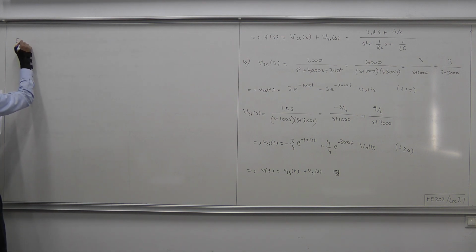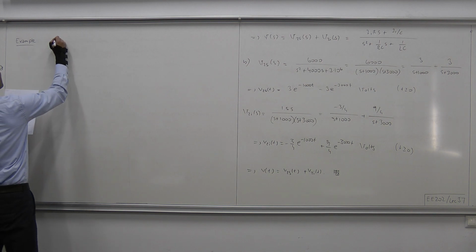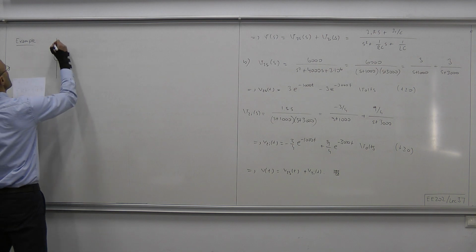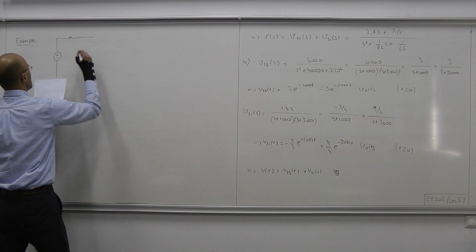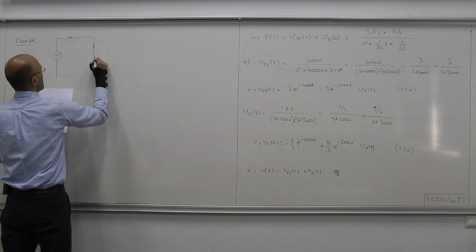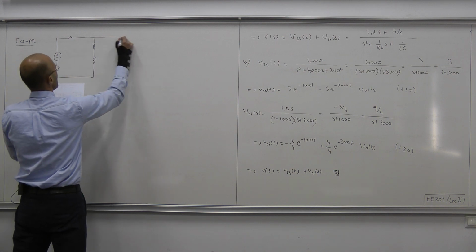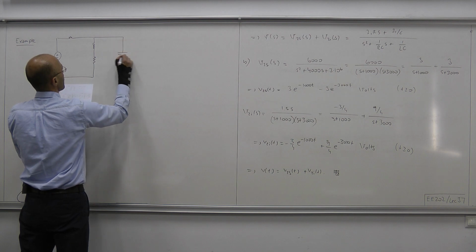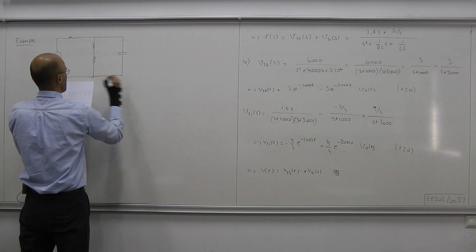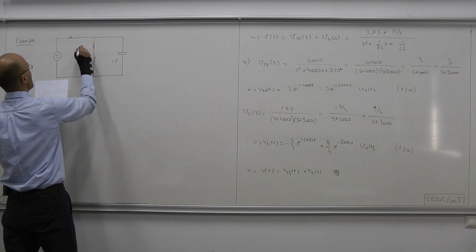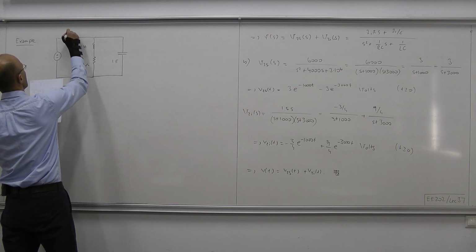Here is our example. We have a constant source, and it's connected to the following circuit: 1 farad, 1 ohm, 1 Henry, 1 ohm.